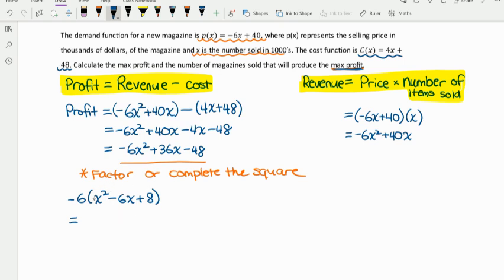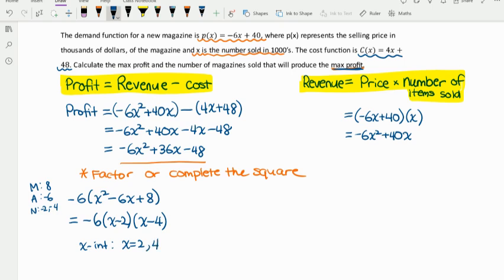Take this bracket and you can do your MAN: multiplies to positive 8, adds to negative 6, by two numbers, negative 2 and negative 4. So negative 6 times x minus 2 times x minus 4. That's my fully factored form. My x-intercepts are x equals 2 and 4.